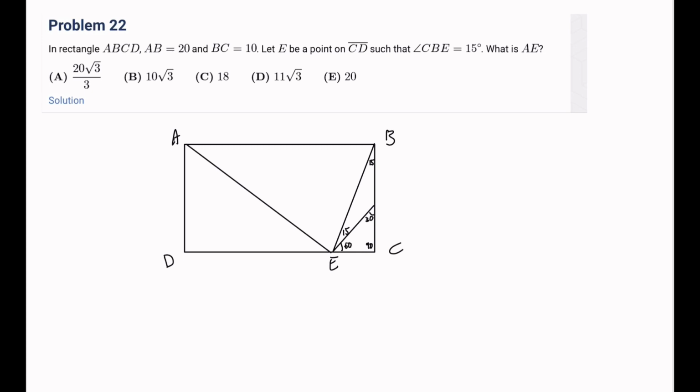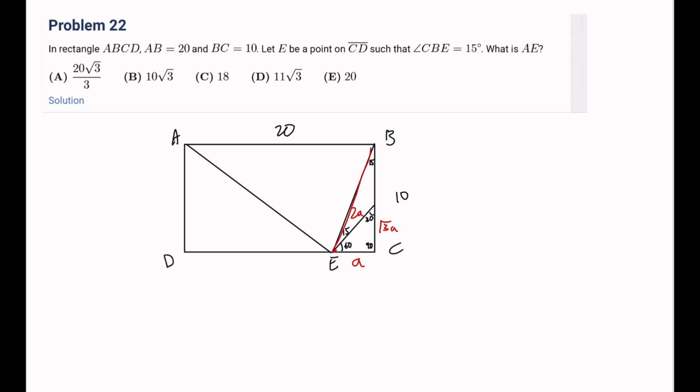What is AE? So we want to know this, but we know that AB is 20 and BC is 10. Okay, so what do we have? First, we notice that this triangle is a 30, 60, 90 triangle, because this is 30, this is 60, this is 90, so we can say the ratio is, if CE is A, then this would be 2A, and this would be root 3 A, correct?